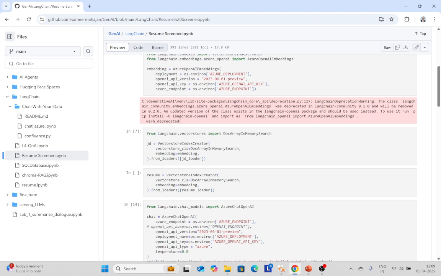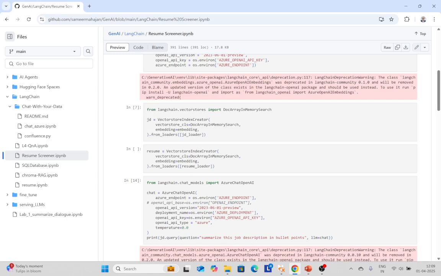I loaded the job description, and the vector store index creator created the embeddings using Azure OpenAI. Same thing I did with the resume. This is all my local intelligence, job description as well as resume.